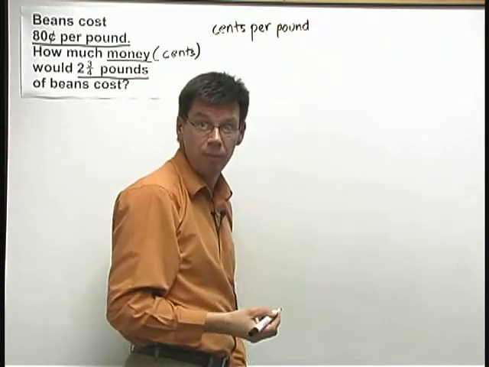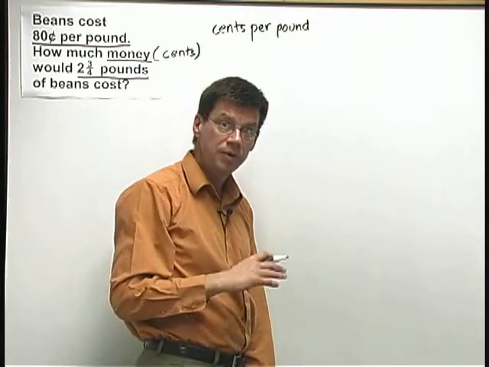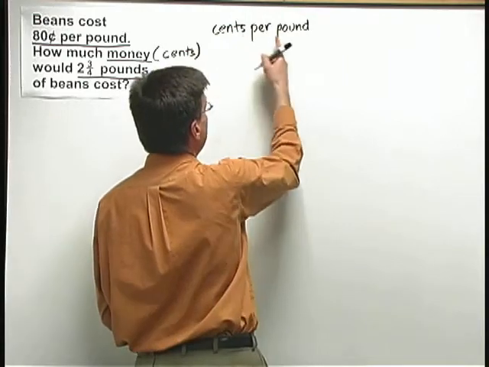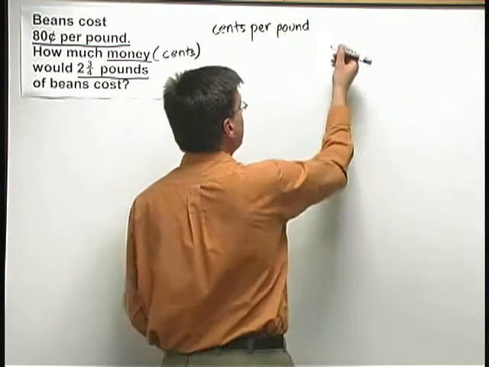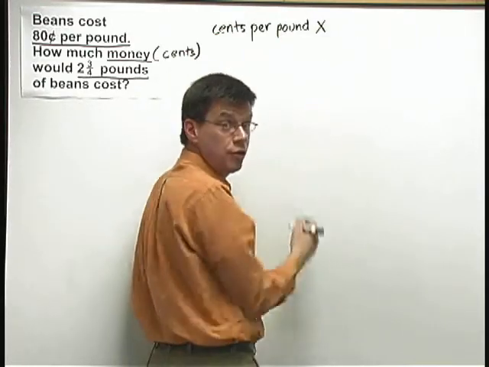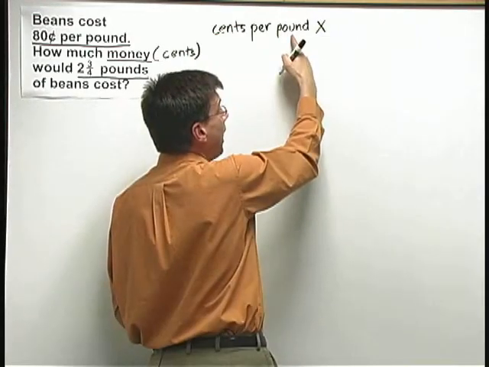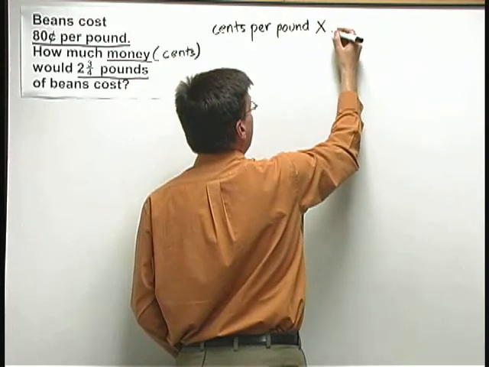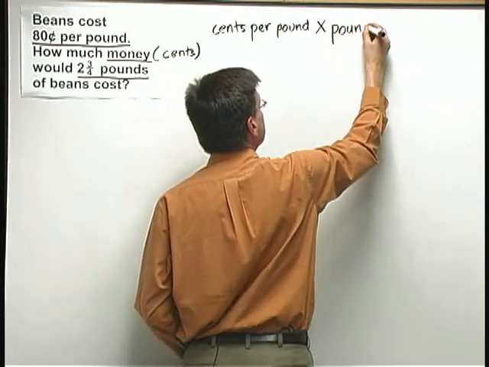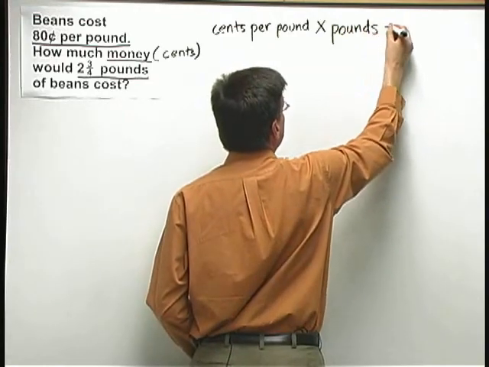Now we're going to set up our unit equation here to help us decide how to solve this problem. We know we can take the rate, cents per pound, and multiply by the units represented by the word after the per. So I'll multiply by pounds equals.